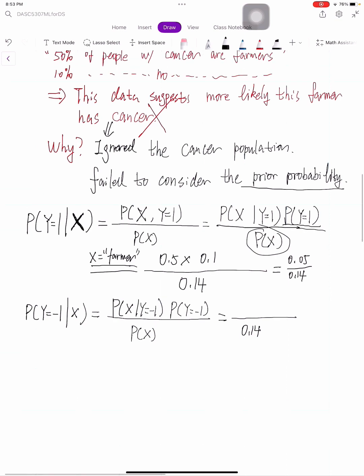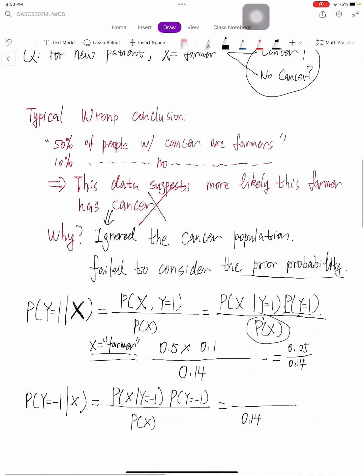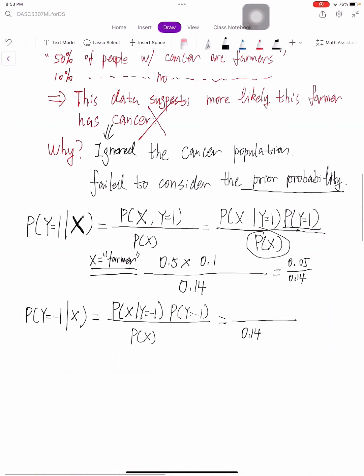The numerator is 10%... sorry, 0.1 multiplied by the population without cancer, 90%, so the numerator is 0.09.